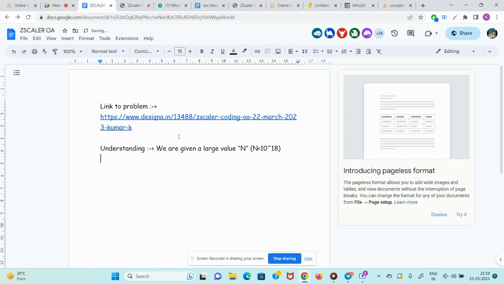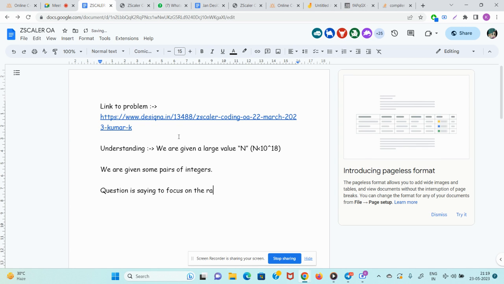We are given a very large n, and we are given some pairs of integers, and the question is saying to focus on the ranges which are not given in the pairs of integers.